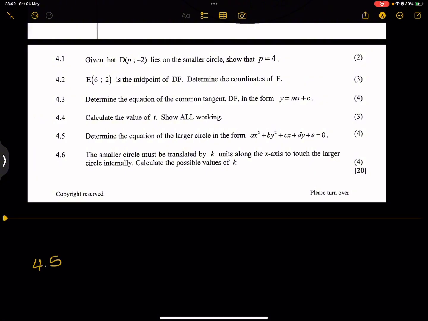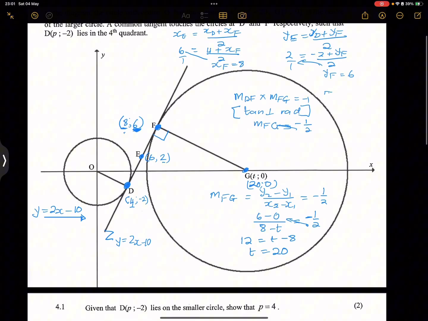So that would be x minus 20 squared plus y minus 0 squared, this is equal to, now we need to find the length of the line FG.